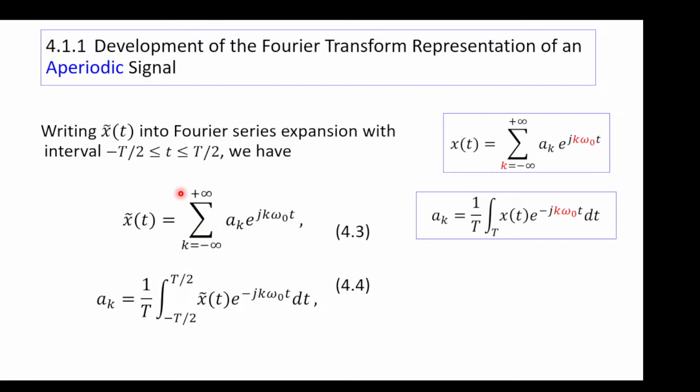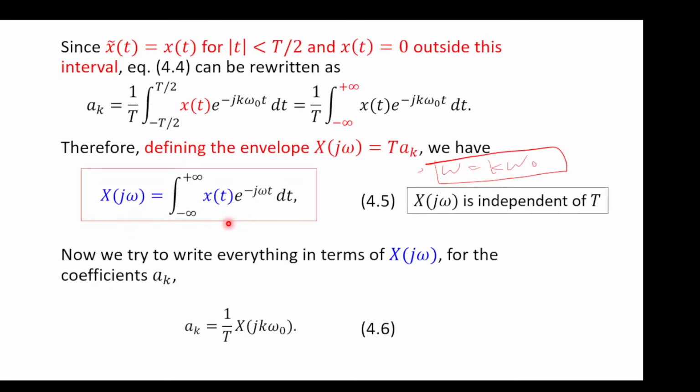We want to express small x through a_k, and we can. So we express a_k in terms of big X, then we express small x in terms of a_k. Let's see how this works out. First, a_k is easy, because by definition a_k is big X divided by T. But a_k is a function of k, so we write big X as a function of k instead.